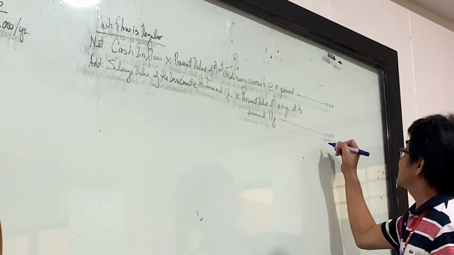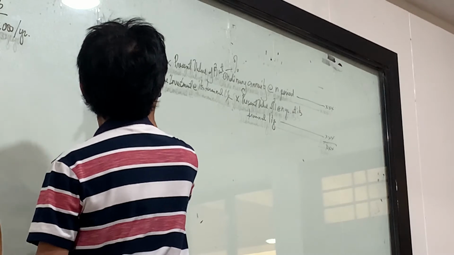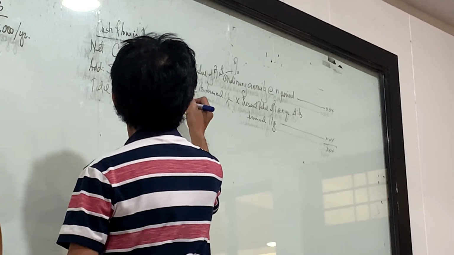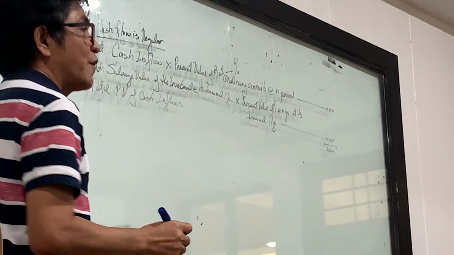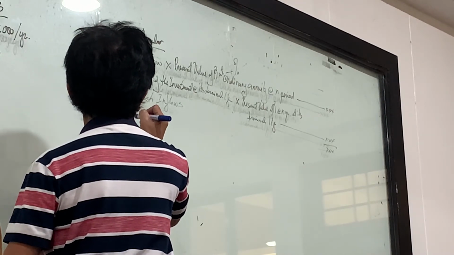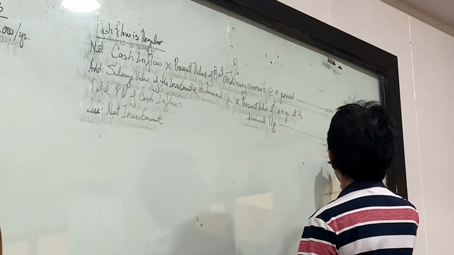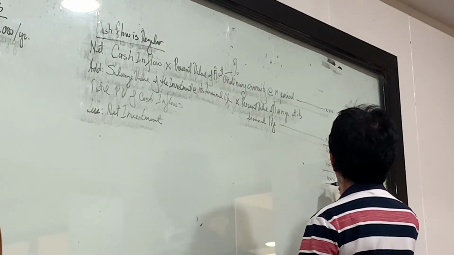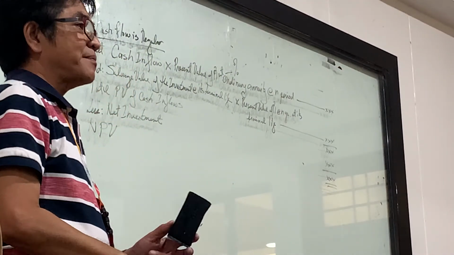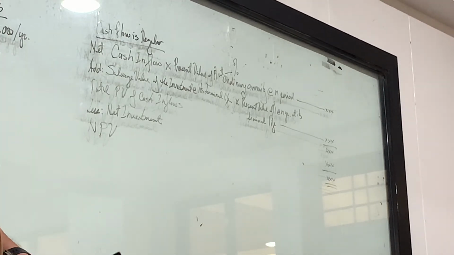This is now your total present value of cash inflows. Less net investment. The result is your net present value. Okay? The result is your net present value.